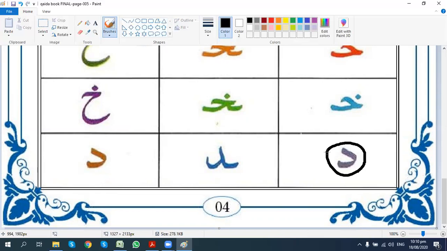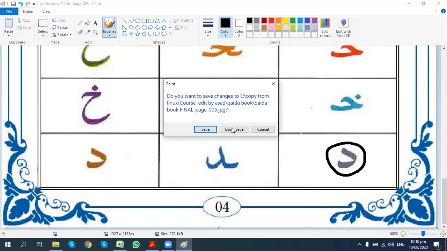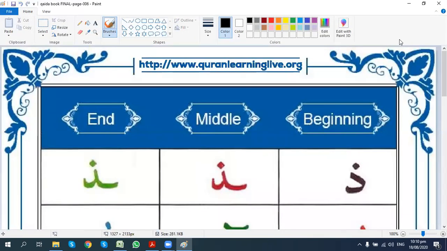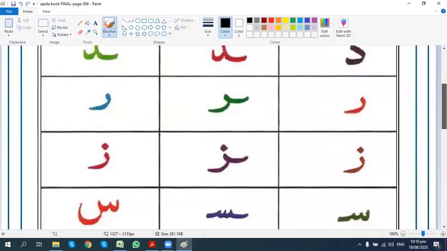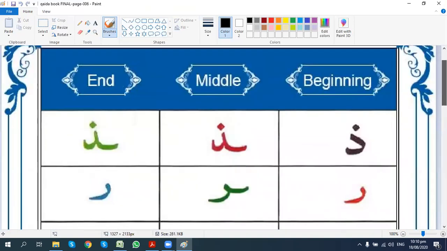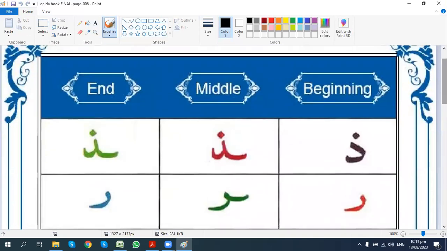I think one is remaining. Ra and zay and zal and dal. One is remaining. Okay, that is alif. Whenever alif comes in the beginning of any word, after any letter it always stays separated.